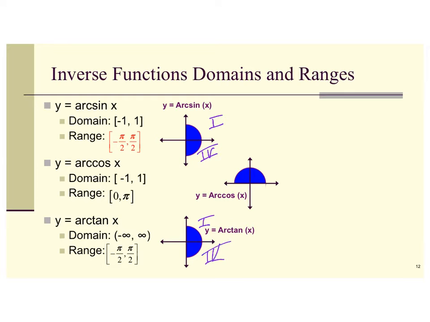All right, for arc cosine, the thing you have to remember is for arcsine, I have a positive here and a negative here. Well, that's true for tan also. But cosine is positive here and it's positive here because it follows the x.